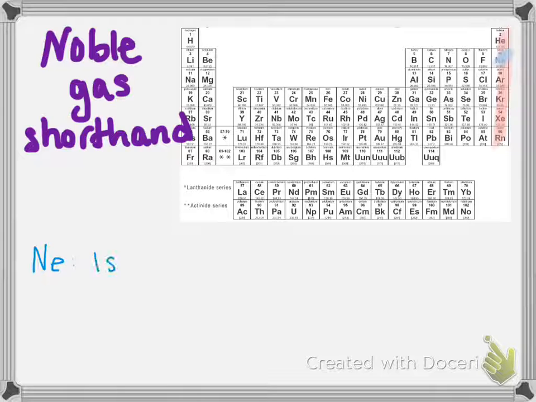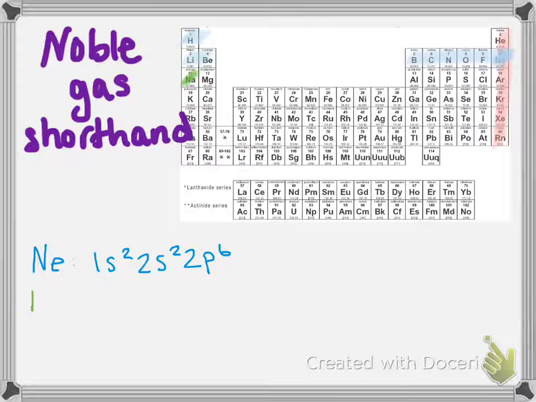For neon, I get 1s2, 2s2, 2p6. Okay, and on the periodic table there, I've highlighted it. Now remember that helium is actually over by the hydrogen, so that's why it's the 1s2. Second, I have sodium. Sodium is element number 11.